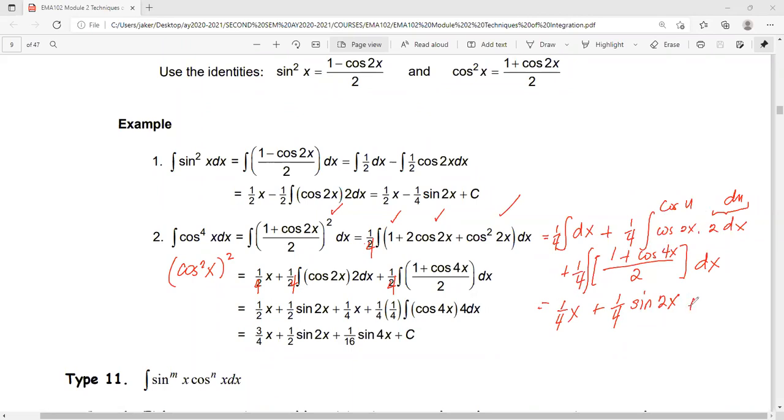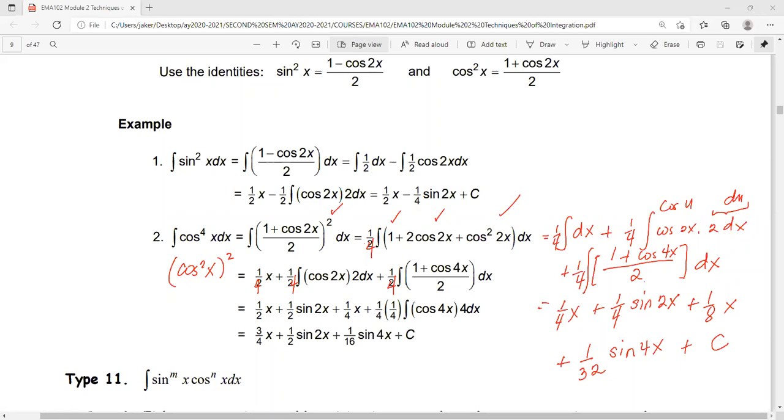So I'll write here plus 1/8 x. Why? Because the integral of that would simply be an x. Now this one will need a 4, right? It will need a 4 dx here, so that would be 1/4. So I will place here plus, so this is already 1/8. This one will need 1/4. So 1/8 times 1/4, for the derivative of this one, that would be 1/32. Cosine will have an integral of sine 4x plus c.